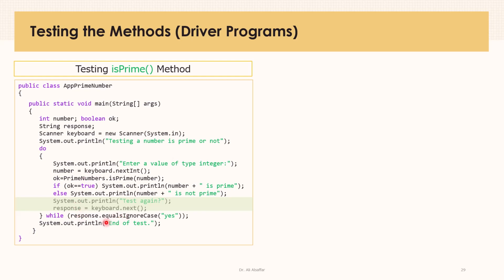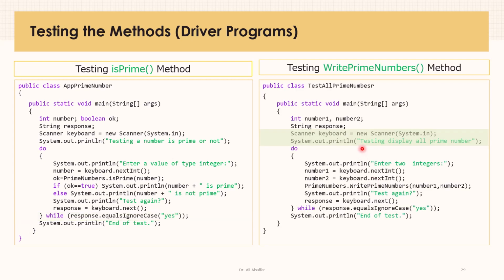Notice here we are using equalsIgnoreCase for yes. If the user types yes, then the loop will go back and repeat the same process by asking for another number, supplying this number to the method, and testing the return value of the method. If it is a prime, print it is a prime, otherwise print it is not a prime. At the end, if the user types anything other than yes, it will exit the loop and the testing is finished.